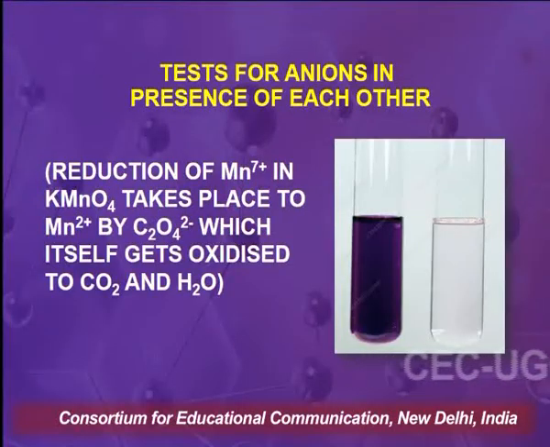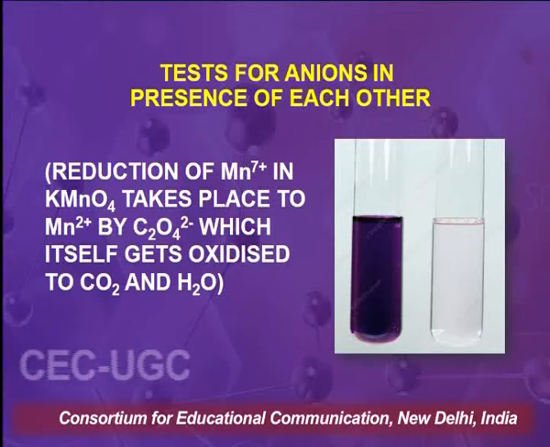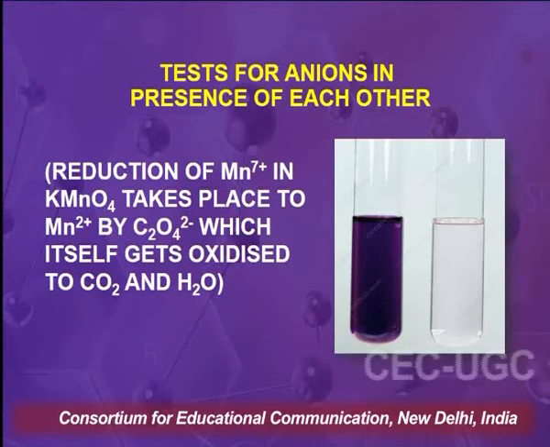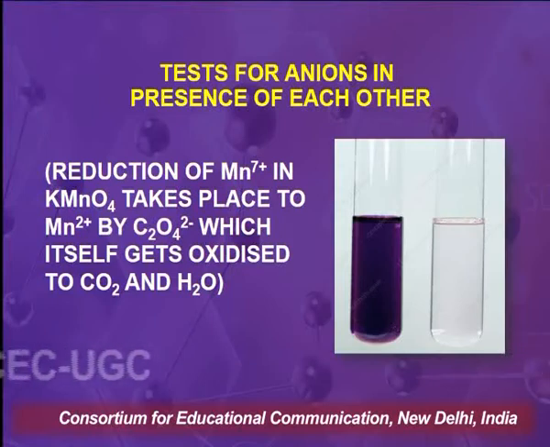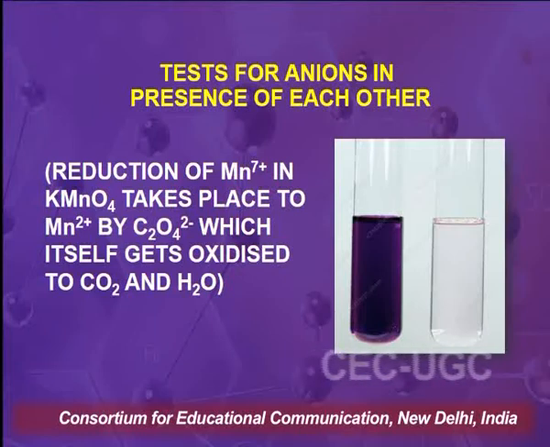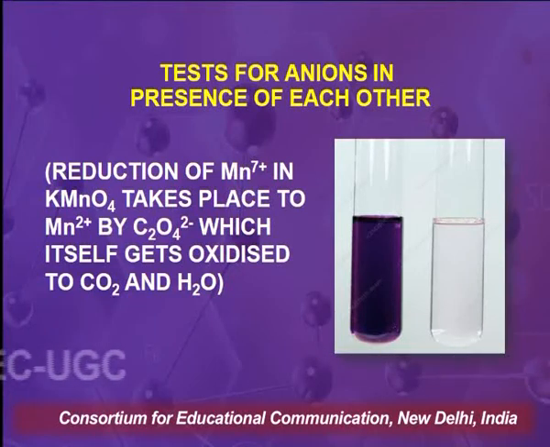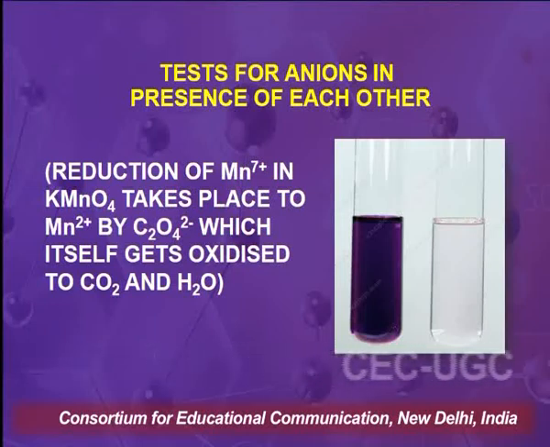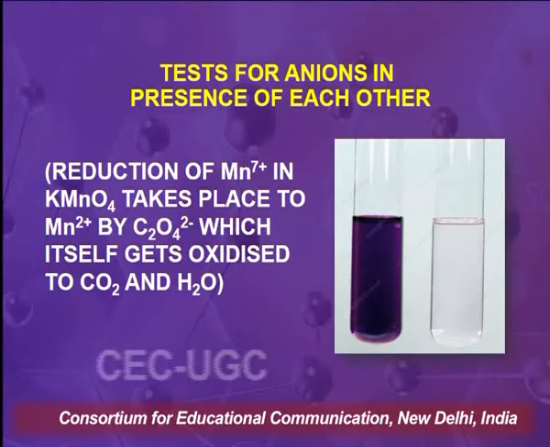So, this is the explanation, which can be seen as the reduction of Mn7+, that is manganese 7+ in KMnO4, to Mn2+ by oxalate ions, which themselves get oxidized to carbon dioxide and water. This does not happen in the case of fluoride ions, and this is how the color change takes place, that is, the pinkish brownish color of KMnO4 changes to a colorless solution upon reaction with oxalate ions.